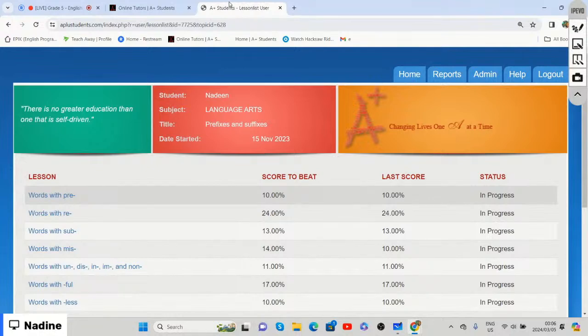We started on the lesson on prefixes and suffixes already. In our previous lesson, we did words with pre, words with re, and words with sub, right?